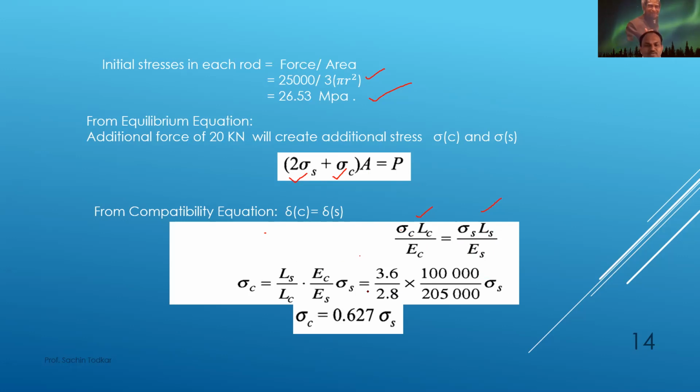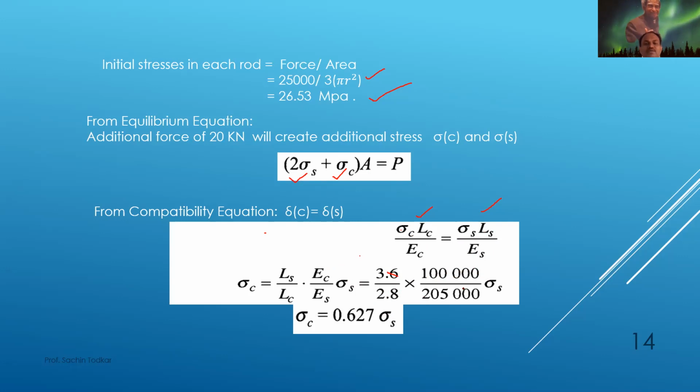Now putting all the values, 3,600 divided by 2,800. The length ratio will be the same.